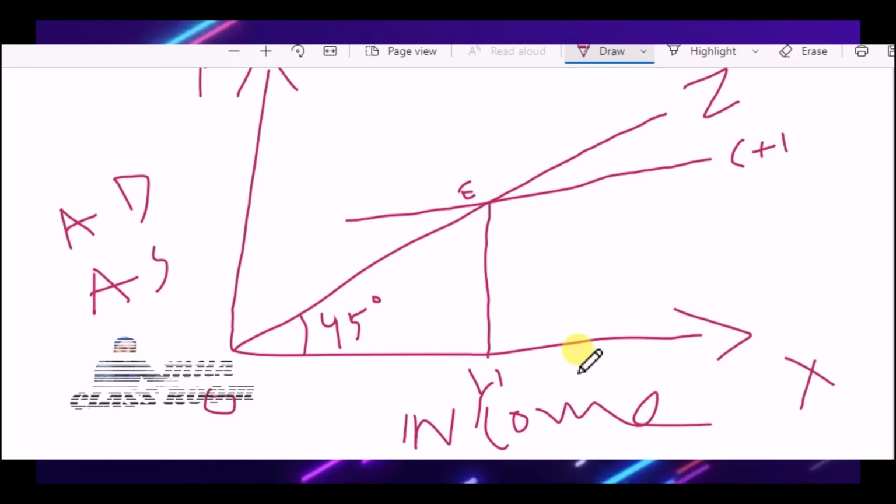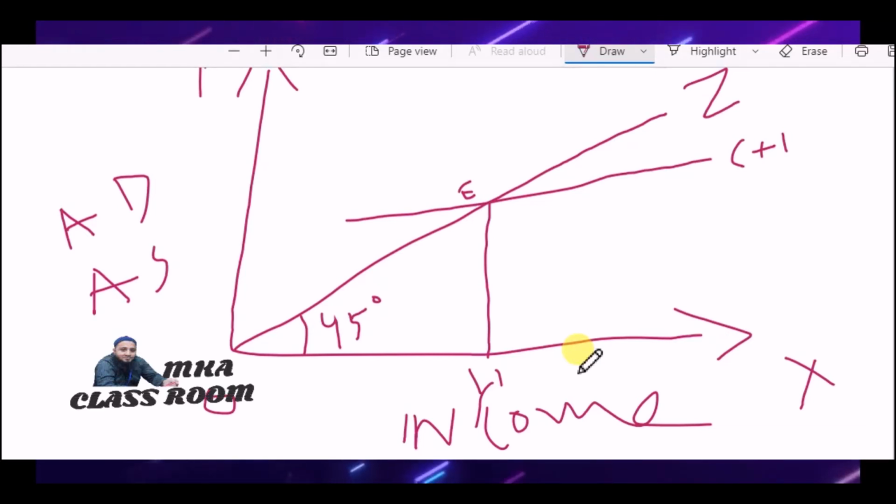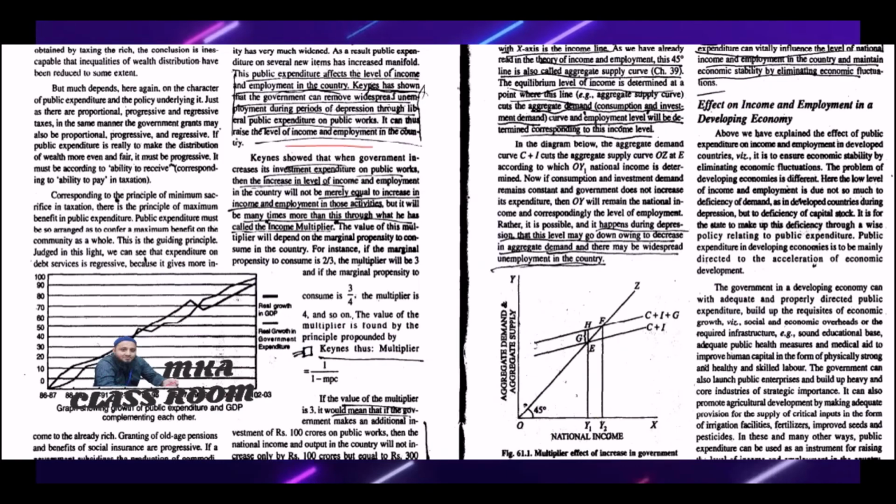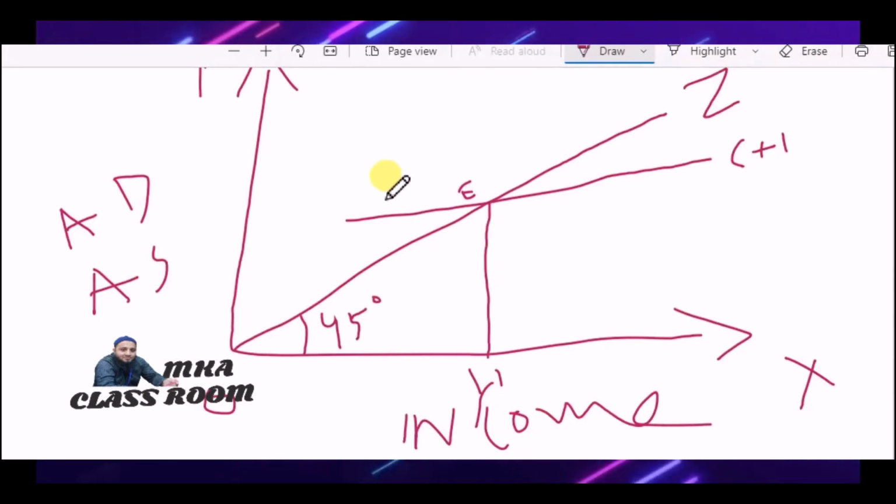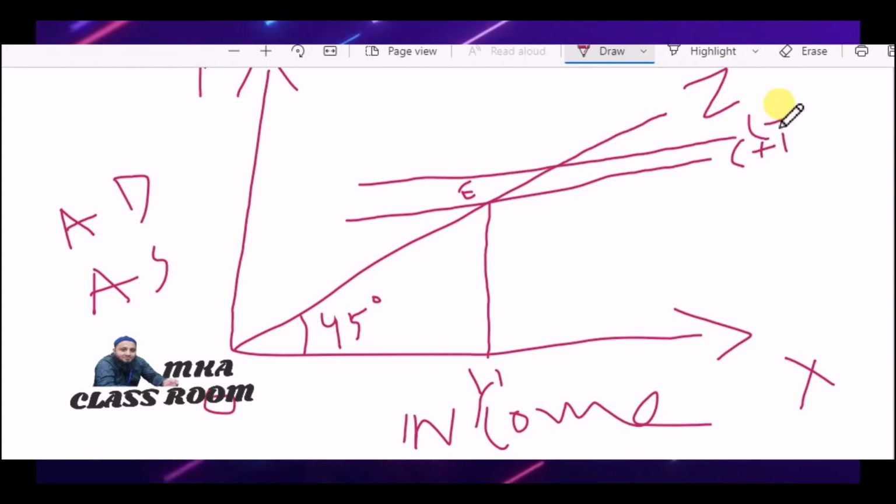If the government prepares the budget for increasing this level of income and expenditure, then the government can make investment and make public expenditures. If the government imposes public expenditure, then the demand curve will increase here, that is C plus I plus G, consumption plus investment plus government.